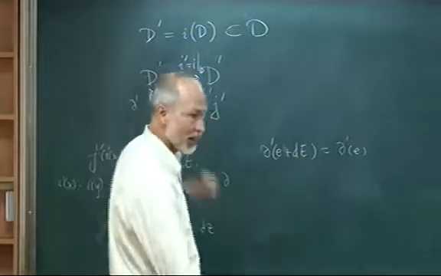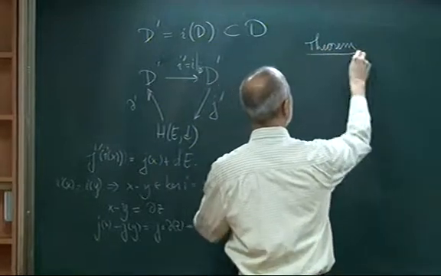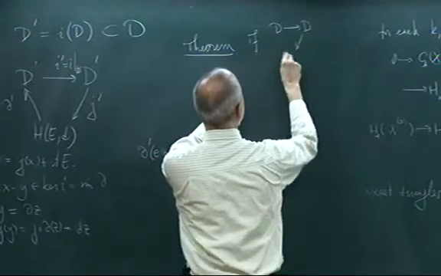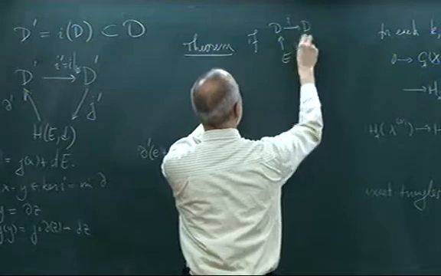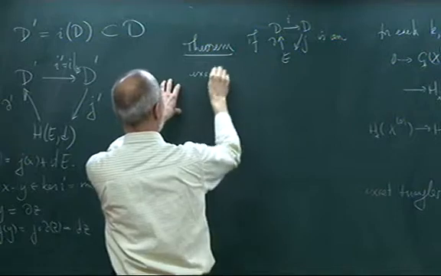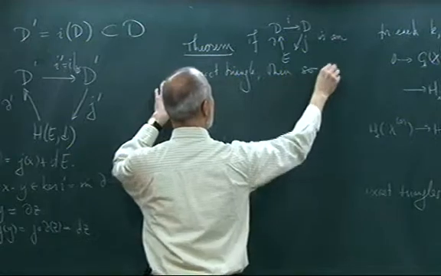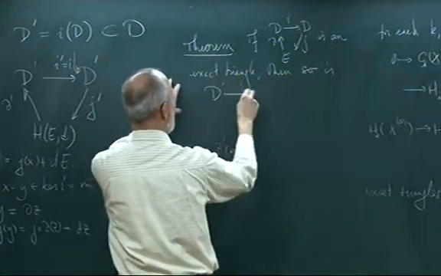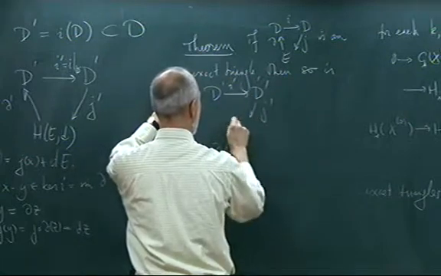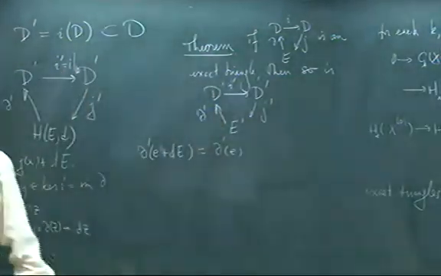And so the upshot of this is the following theorem, which is that if this diagram is an exact couple, an exact triangle, then so is the derived version of it, where everything has a prime on it.